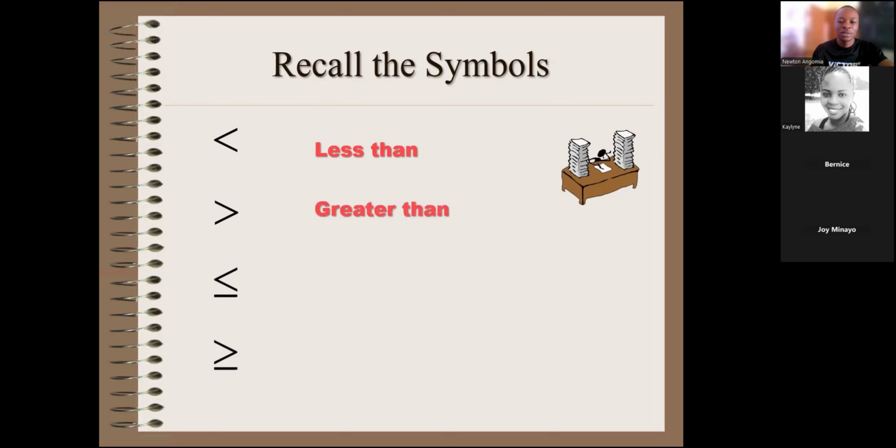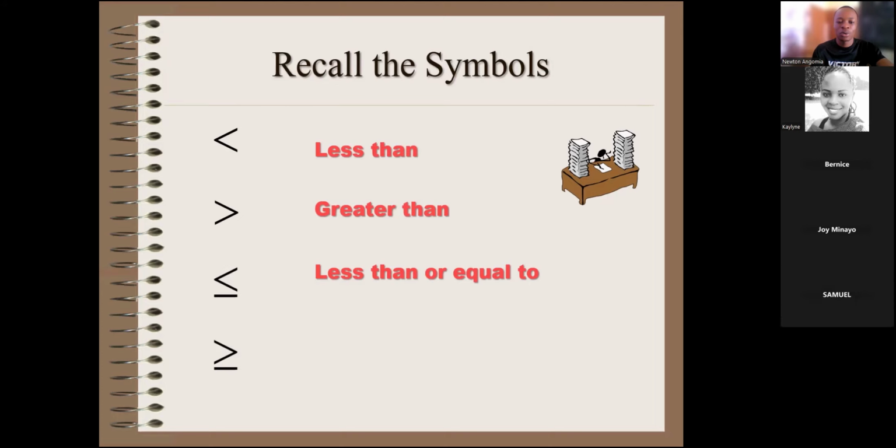The next one is for greater than. Then we have the repetition, but now with an underscore. That tells us a quantity is less than or equal to. Then lastly, we have greater than or equal to.